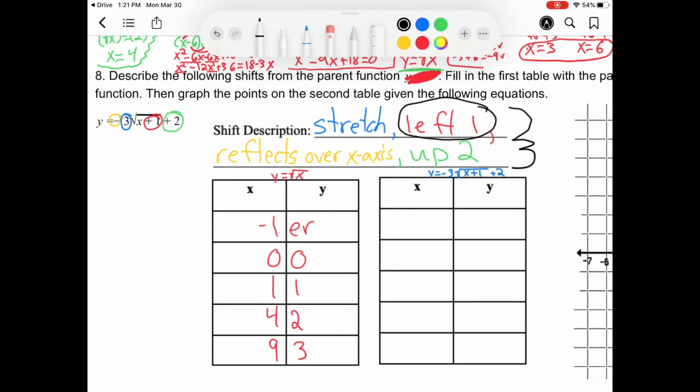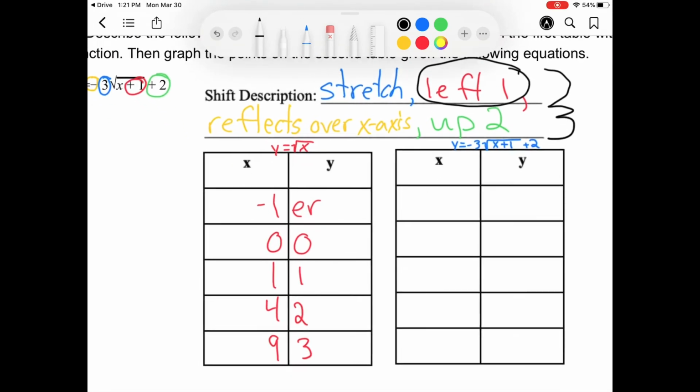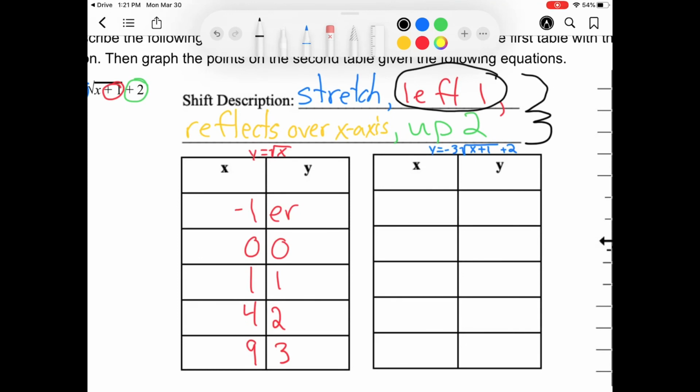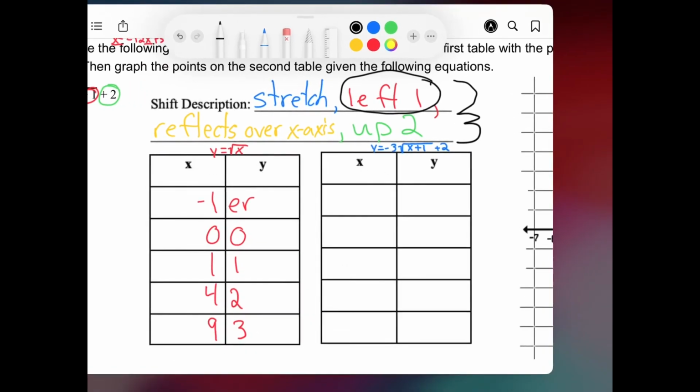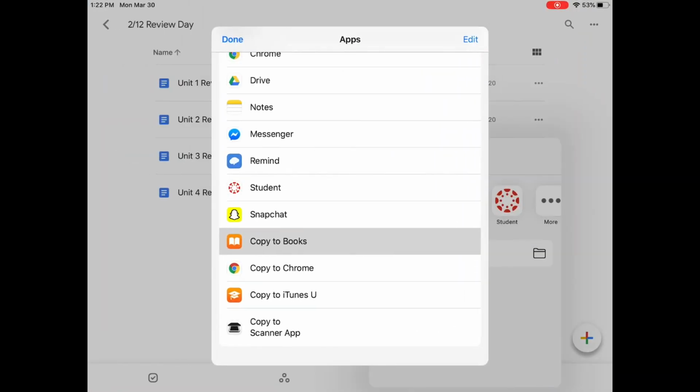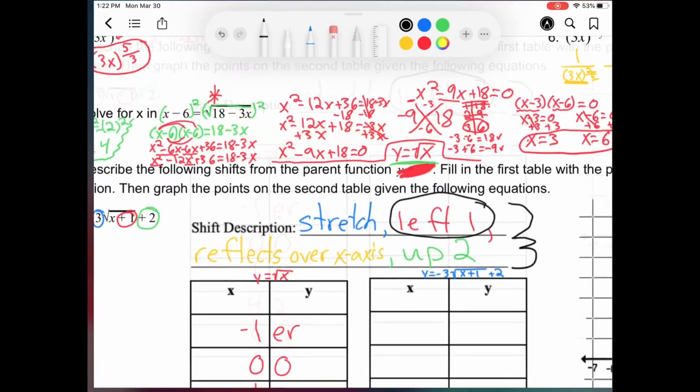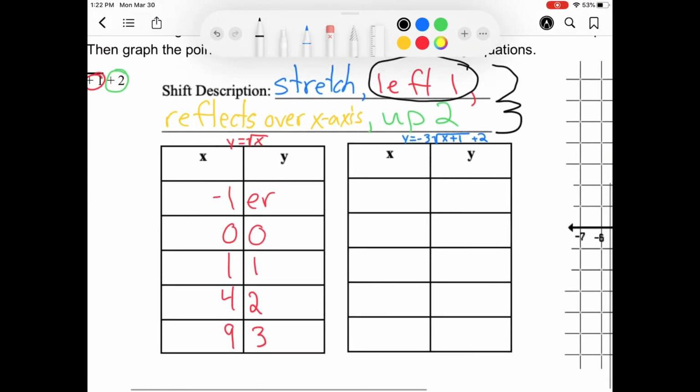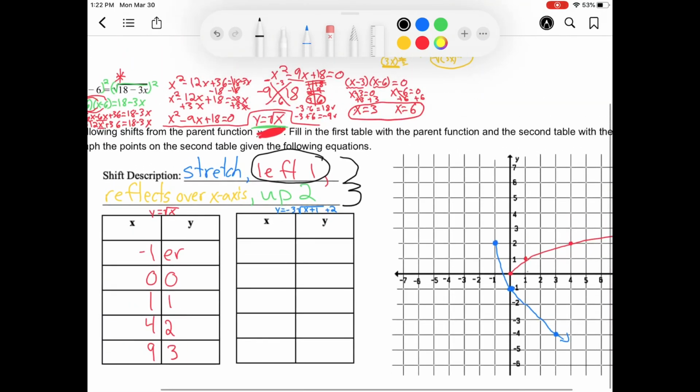So we're going to use our left 1 to transform our parent function table to the function that was given. So left 1, if I started with x is 0 and I wanted to move it left 1, what would I have to do to the x value to make it -1?